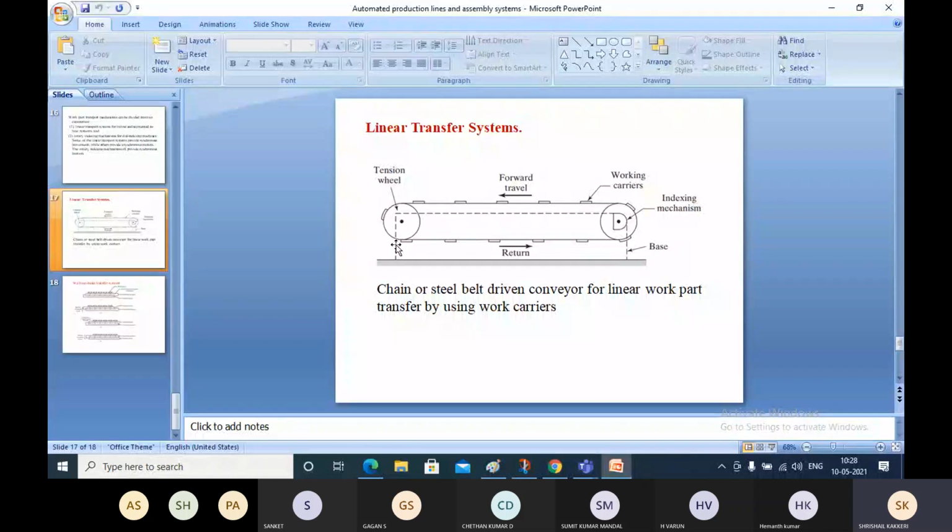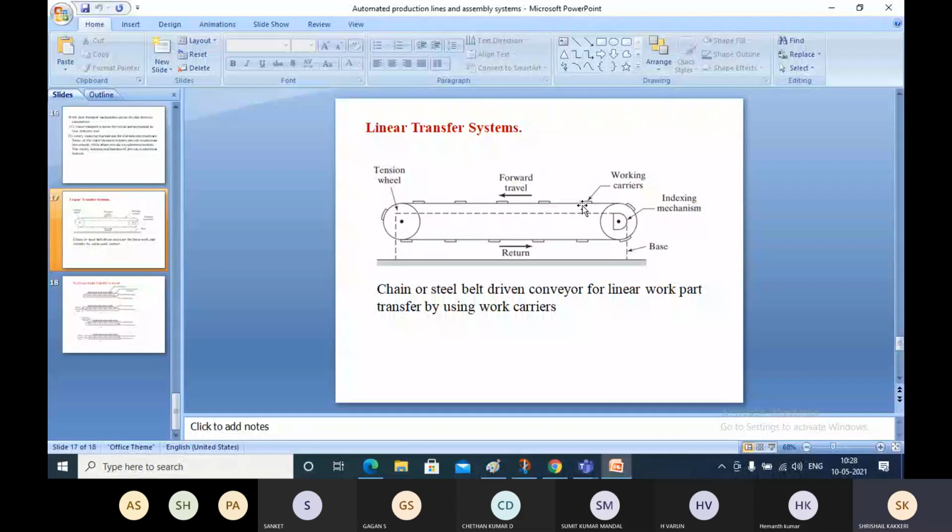So to create tension, tension wheels will be provided. These tension wheels will be tightening and loosening the belts. And it is only one direction rotation. While it is rotating, there may be workstations here, here, here, here. At each location the work will be performed and the work will be moving.